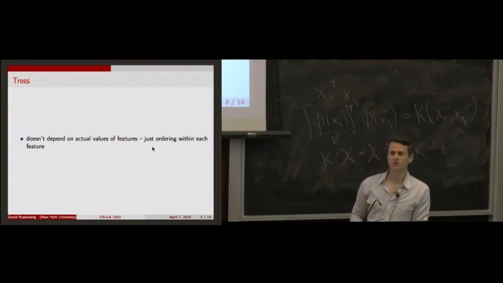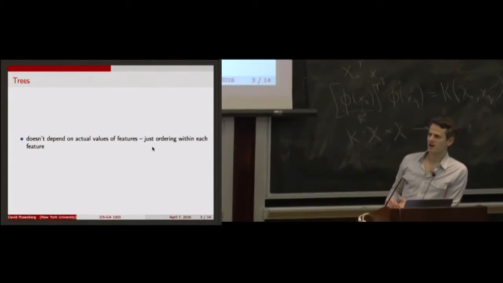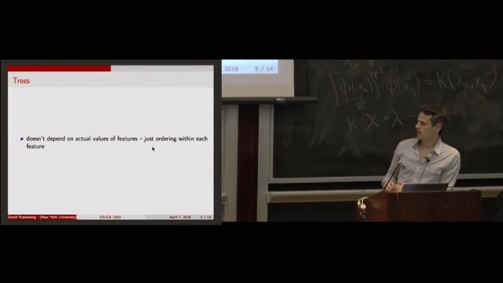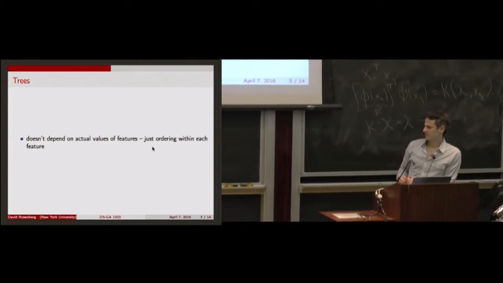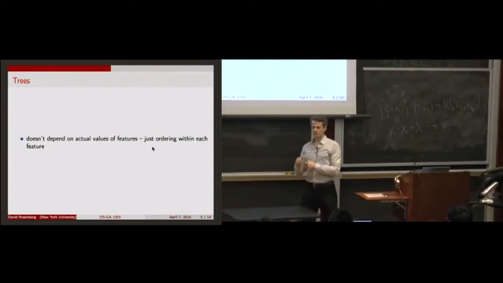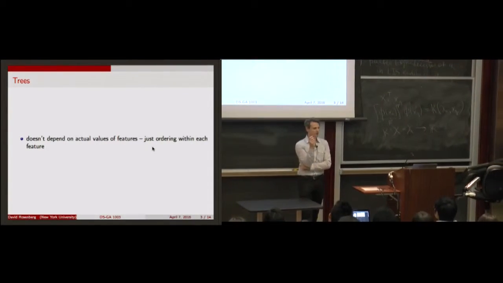Trees. So I just picked one random property that you should know about trees. Trees don't care about the specific values for a particular feature. They only care about the relative ordering of the values, right?